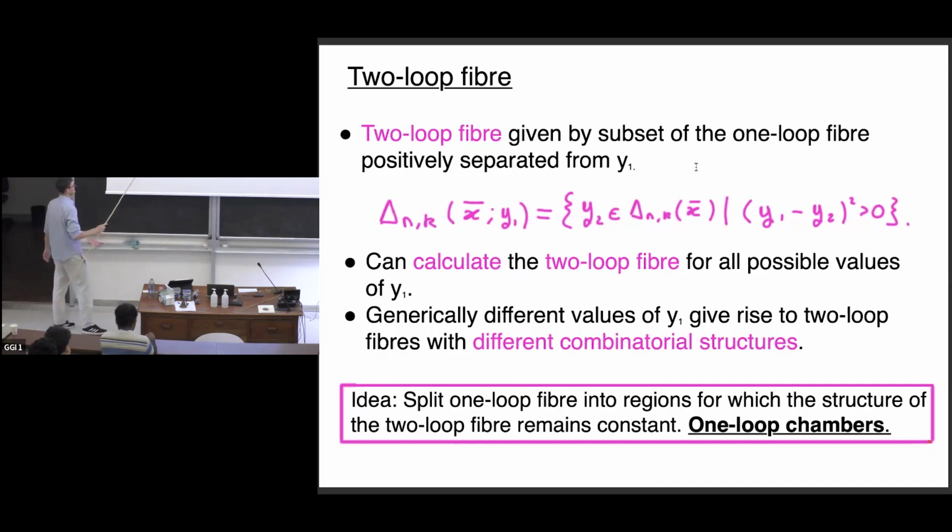So again, the key idea is to split the one loop fiber now into regions such that the combinatorial structure for the 2 loop fiber is constant. And I'll be referring to these as one loop chambers. So you can see it's just completely analogous to the situation at tree level, but I've just gone up by one loop.